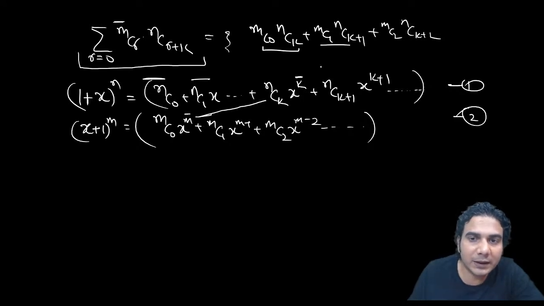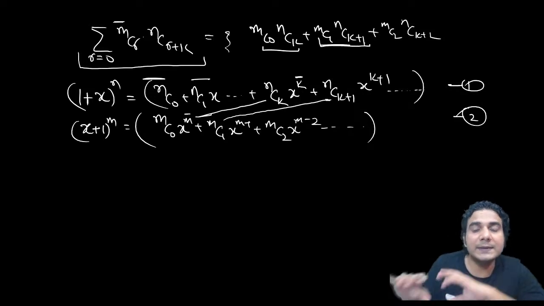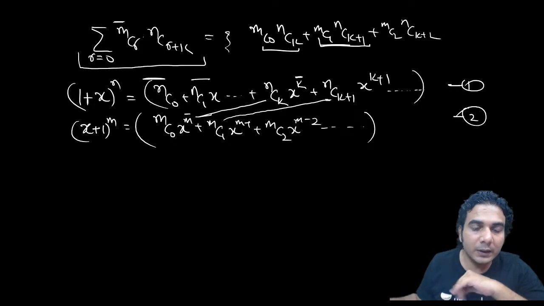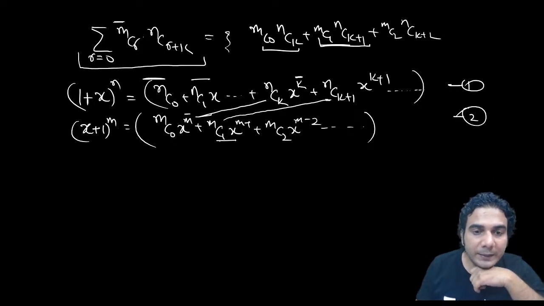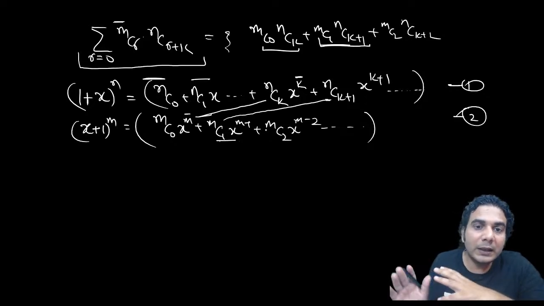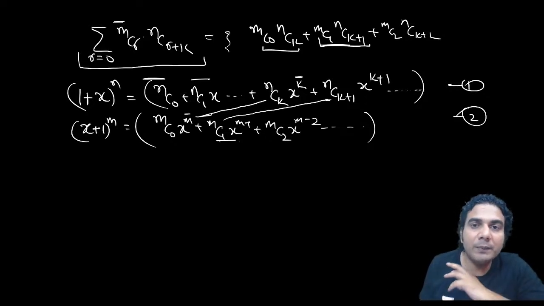Now what is this term? Next, nC k plus 1 will be multiplied to this. If you multiply these two terms, you'll get this term. In the next term of the first bracket, the power of x is increased by 1, and in the second term of the second bracket, the power of x is decreased by 1. So overall when you multiply, you'll again get x raised to m plus k.